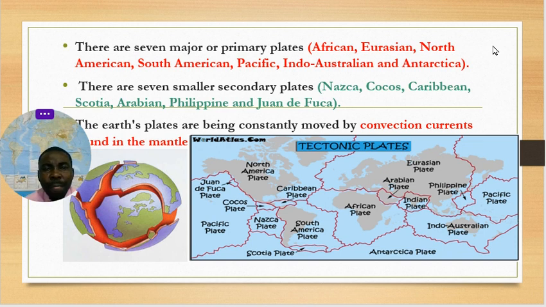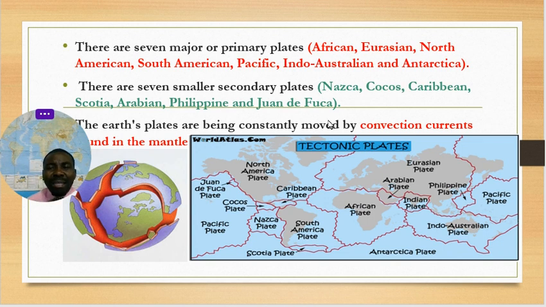Okay, so aside from the major or primary plates, we also have the minor ones, the smaller ones. They are also seven in number, and they are Nazca, Cocos, Caribbean, Scotia, Arabian, Philippine, and Juan de Fuca.